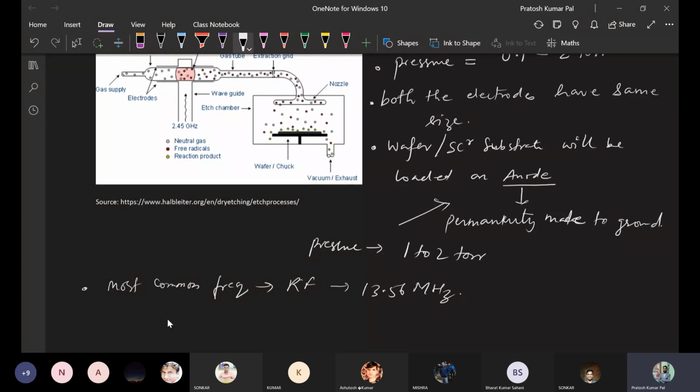This is the common frequency. Based on the application we can increase and decrease also. This is one of the common frequencies, and here the sheath potential that is generated is less than 20 volts. So we can call it low. So this sheath potential here is considered to be low.